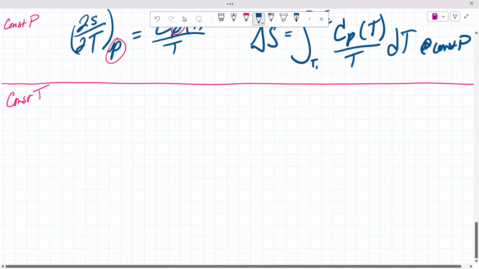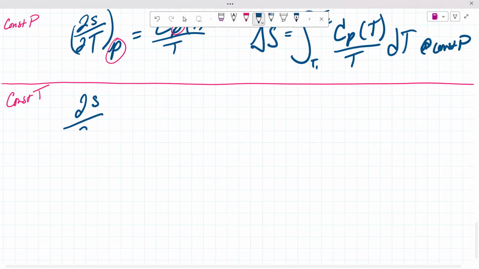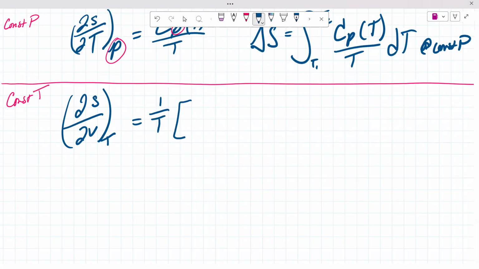This one will be dS/dV with the temperature constant equals, ready, 1 over T times pressure plus dU/dV, the internal energy with constant temperature.